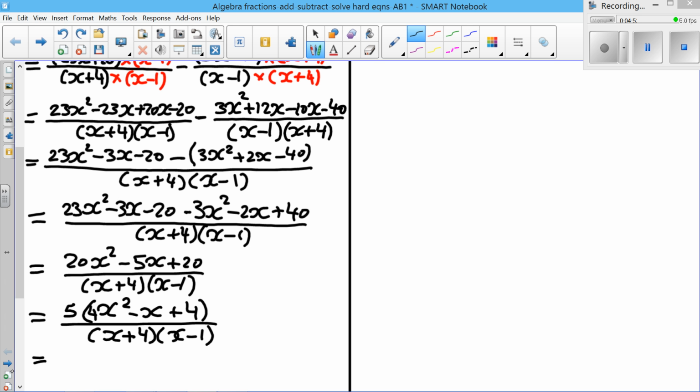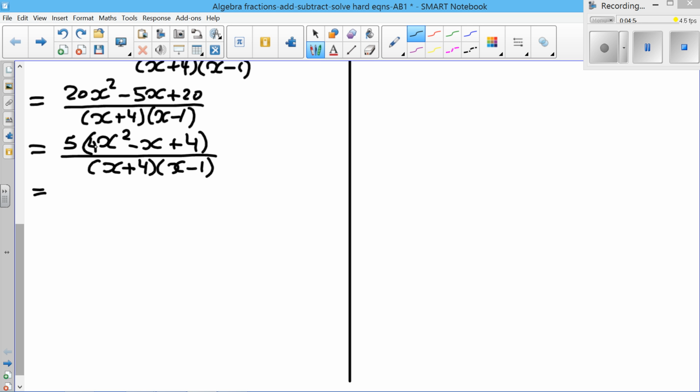Equals. I now notice that 4x squared minus x plus 4 does not factorize, so there's not much more I can do with that. So rather than factorize further to cancel down, I expand the brackets back again.